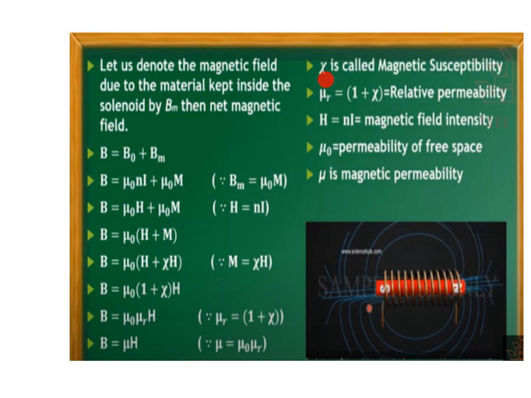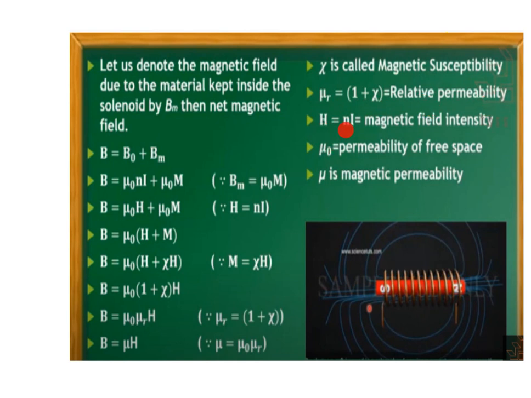So these are the terms used in these equations. Chi is called the magnetic susceptibility. Mu r is equal to 1 plus chi, which is the relative permeability.